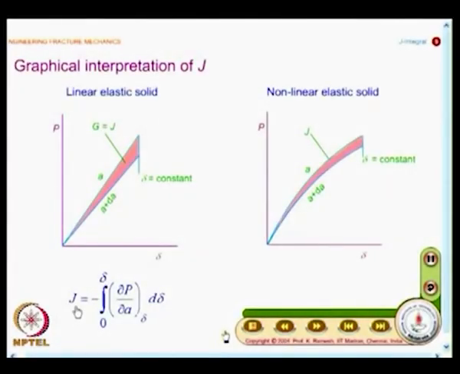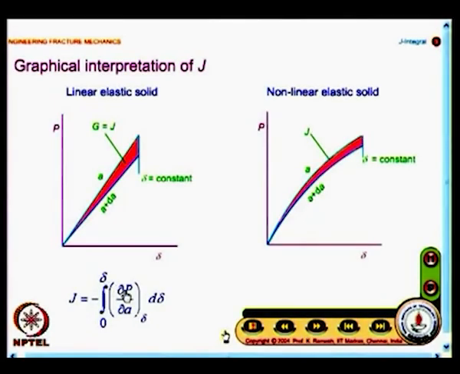I can still evaluate this line integral and then say that this is nothing but the energy available for the formation of two new surfaces. You have G equal to the differential of potential energy with respect to crack area in the case of linear elasticity. A similar interpretation of J as the differential of potential energy with respect to the growth of the crack is possible in non-linear elasticity, and you have J given as minus integral 0 to delta of dou P by dou a into d delta.